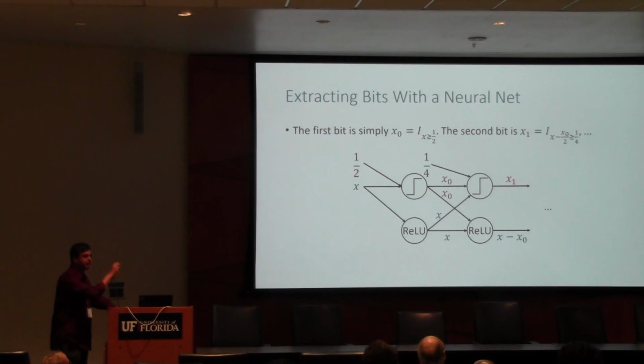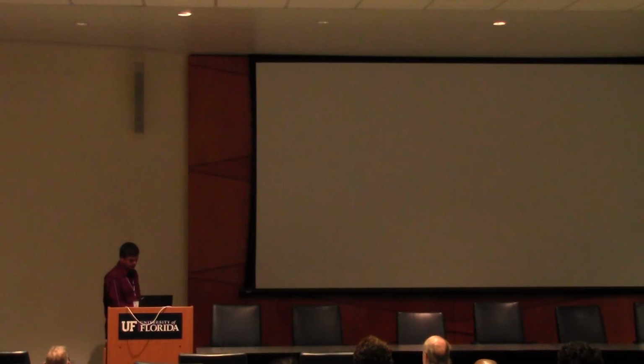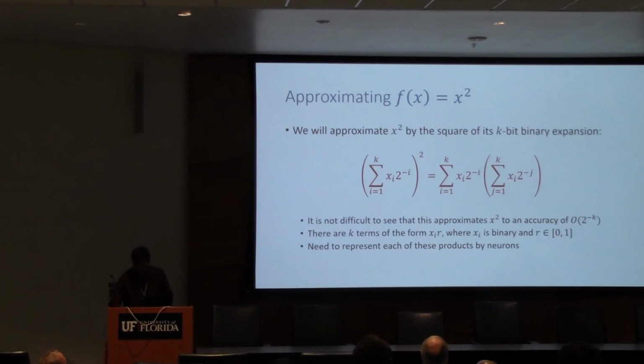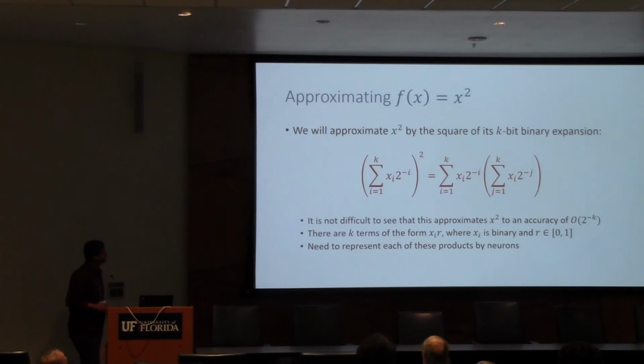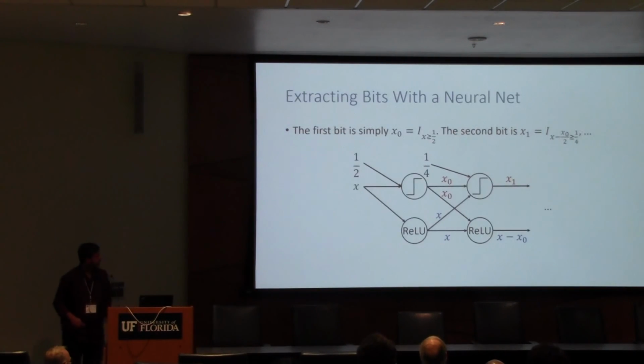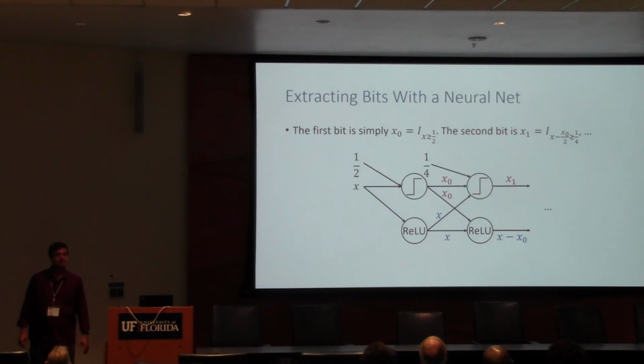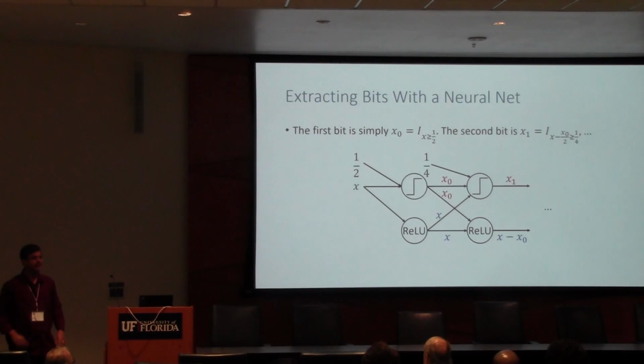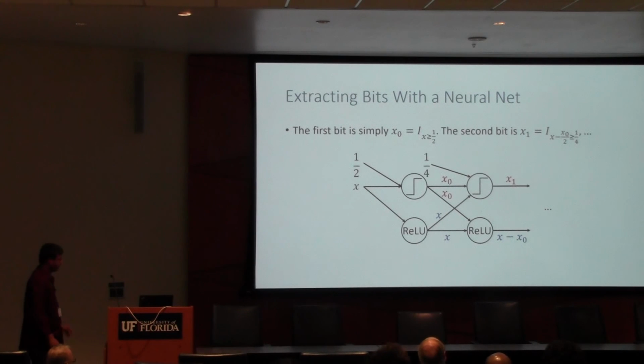So it's a linear operation and a threshold operation. So extracting the bits of a number between 0 and 1 can be done by a neural network.